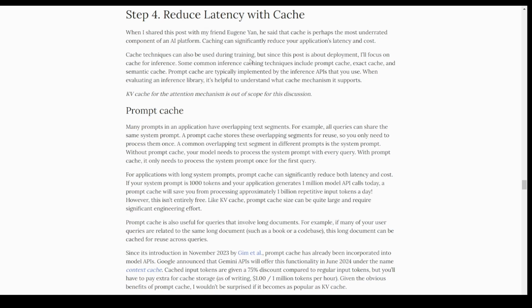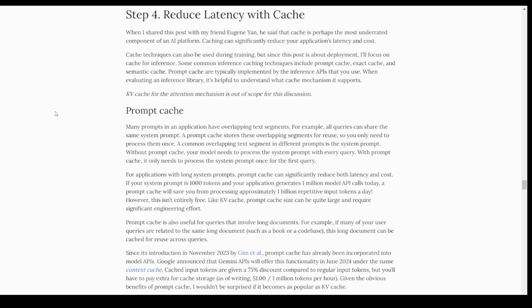When we are evaluating an inference library, it's helpful to understand what cache mechanisms it supports. One thing which a lot of people using transformers might know is the KV cache. That is for the attention mechanism. Whenever we run input text through transformer models, it does a lot of calculations.